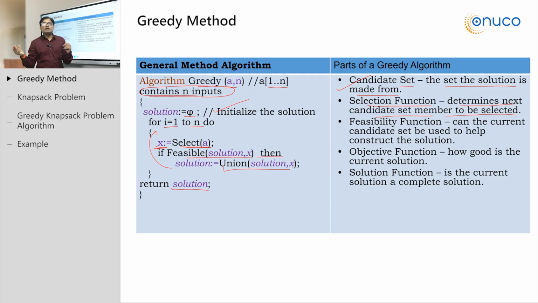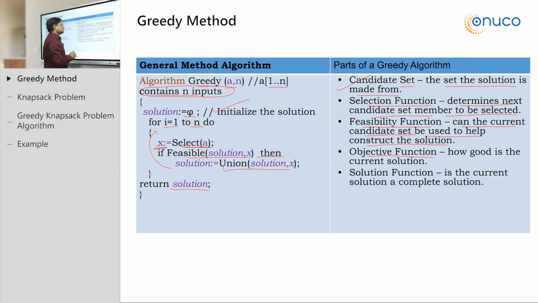Based on our own understanding, we are going to select one of the choices out of it. The feasibility function asks: can the current candidate set be used to help construct the solution? Remember that based on the given constraints, we are checking whether that particular selection is really feasible or not.